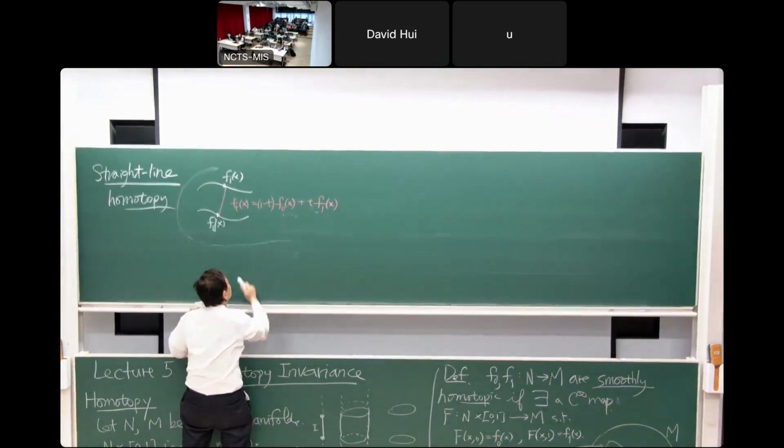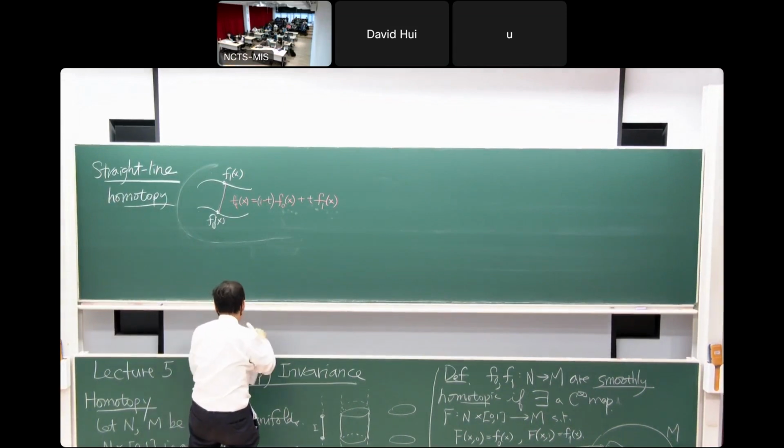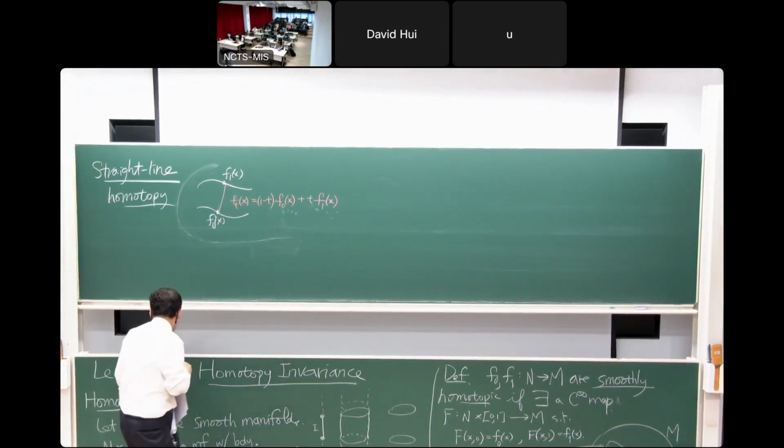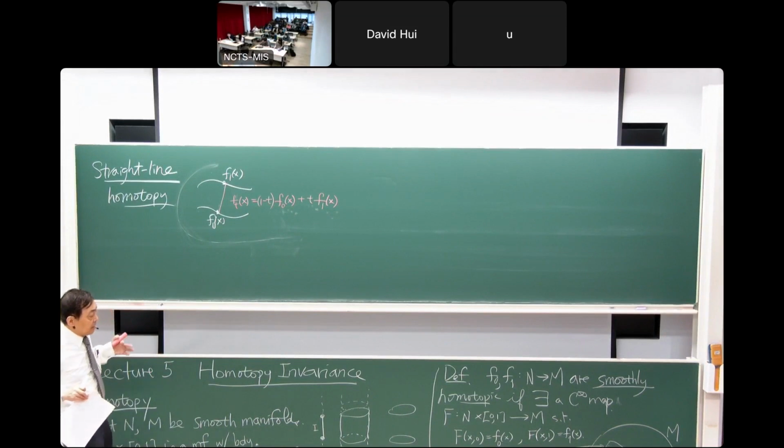Homotopy is a coarser equivalence relation than, say, diffeomorphism.